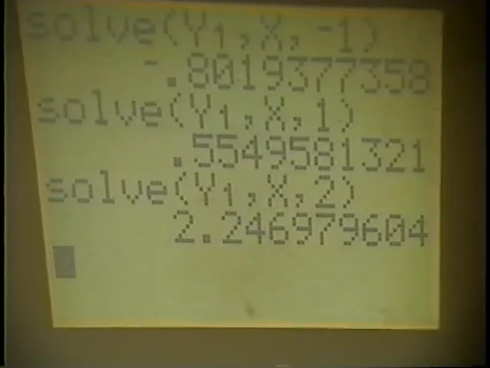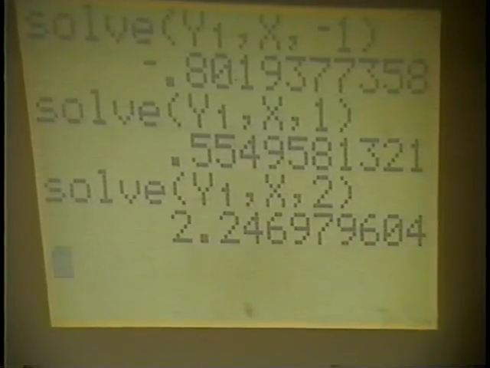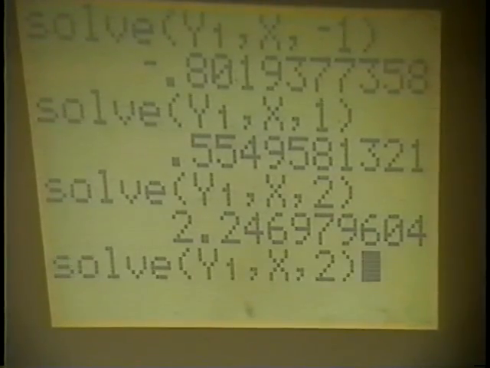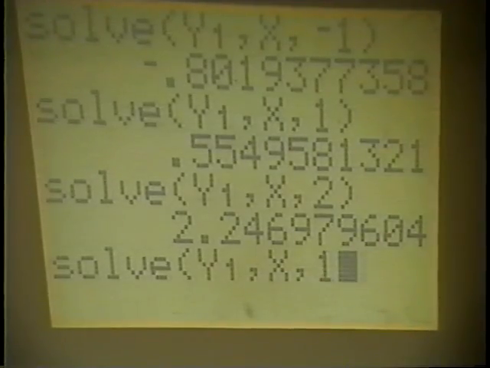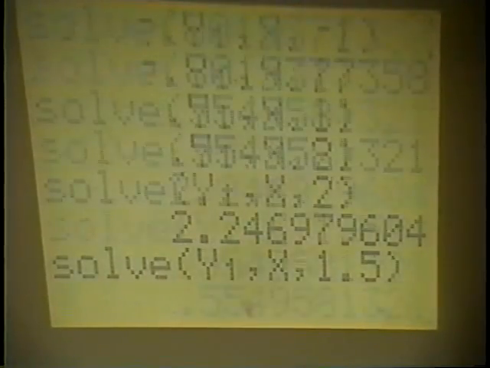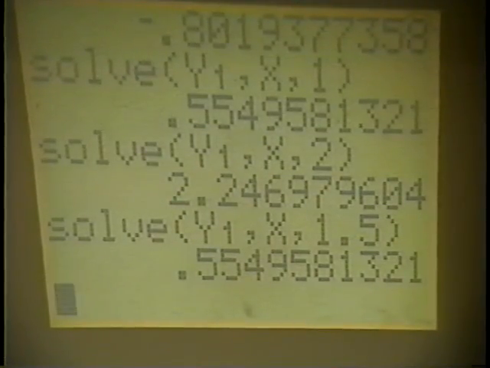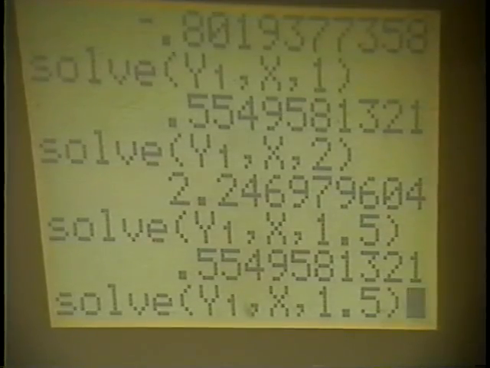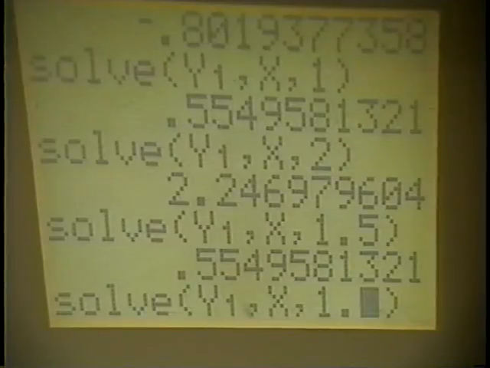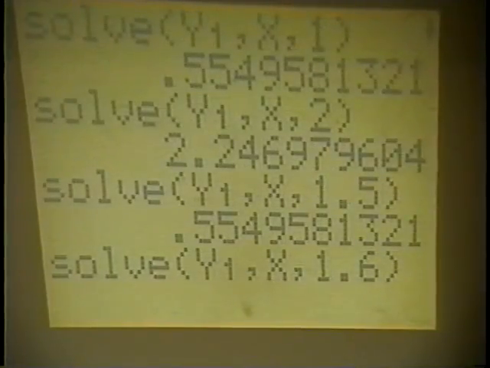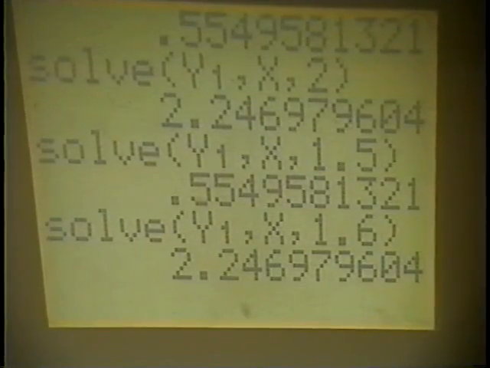Now you've got to be careful because the problem is if there are 2 roots that are fairly close to each other, you don't know what the guess is going to give you. So if I hit, for example, second and solve, and if I fed in 1.5, it would give me the middle root. If, however, I hit second and enter, and I fed in, instead of 1.5, 1.6, it would automatically jump to the other root.